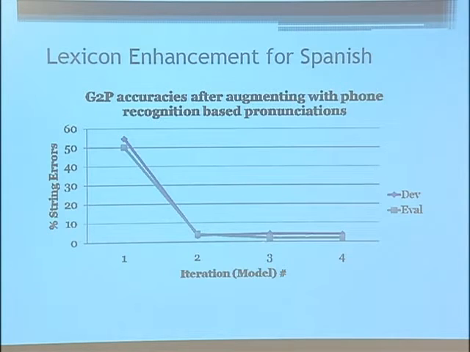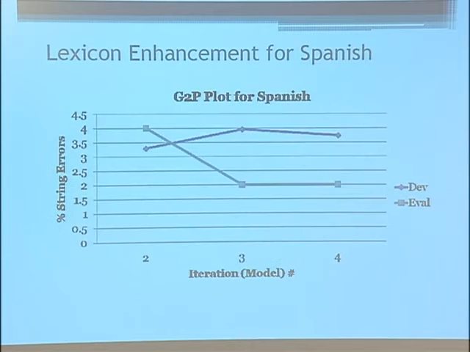The top blue line here is the accuracy on the dev data, which is tainted by the extra pronunciations we picked up from our iterative system. And the eval data comes from held out unseen data which came from the LDC lexicon. So if we zoom into this graph a little, we see that performance on eval is much better than the performance on dev.